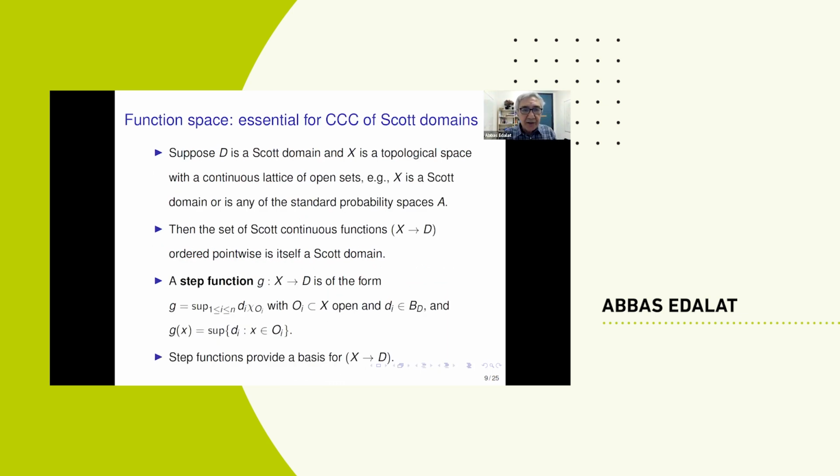All right, so the function space for Scott domains is quite simple to construct and is essential for Scott domains to become a Cartesian closed category. So suppose D is a Scott domain, and suppose X is a topological space with a continuous lattice of open sets. So X could be a Scott domain itself, or it can be any of the standard probability spaces that are introduced earlier on in this talk.